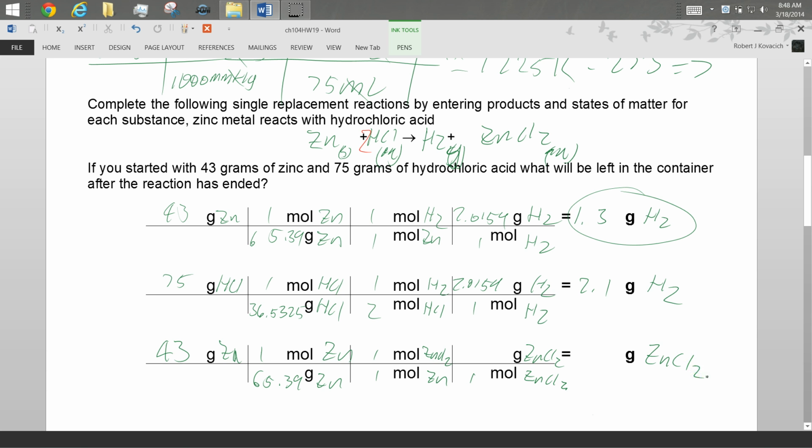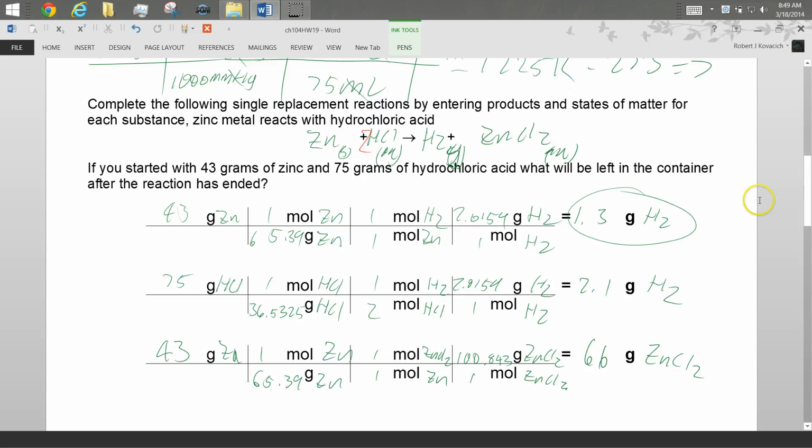I got 35.453 times 2 plus 65.39 equals, I got 100.843 times 43 divided by 65.39, and I got 66 grams of zinc chloride. Okay.